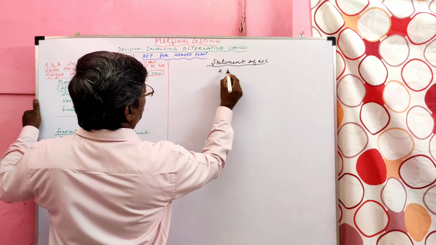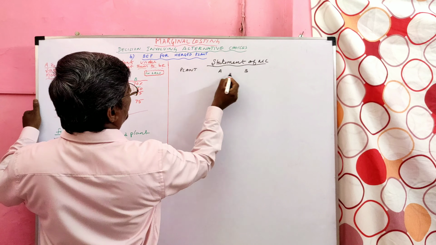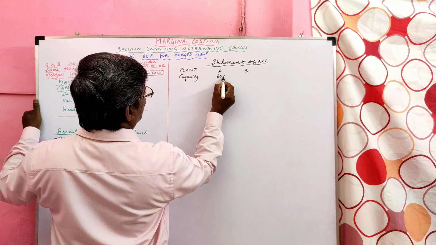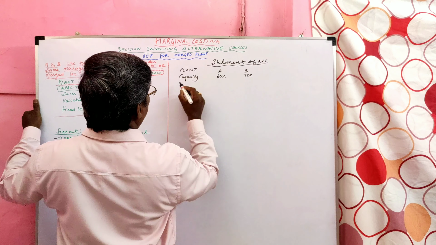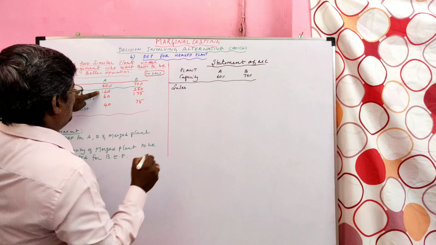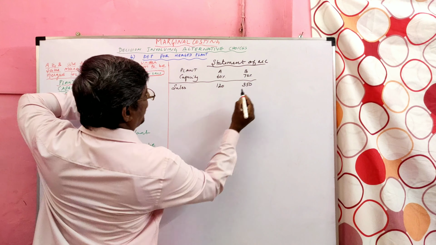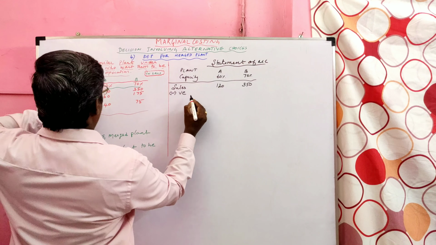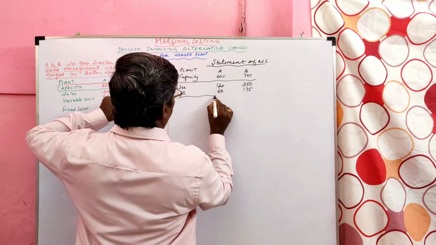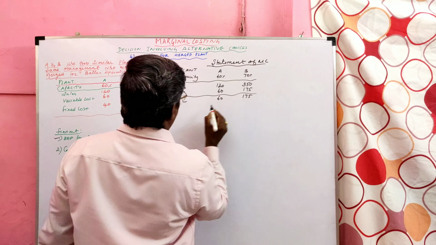Statement of marginal costing. Plant A, plant B. Plant A is working at 60% capacity, plant B at 70% capacity. Sales: 120 for plant A, 350 for plant B, minus variable cost 60 for plant A, 175 for plant B. Now we get contribution 60, 175.